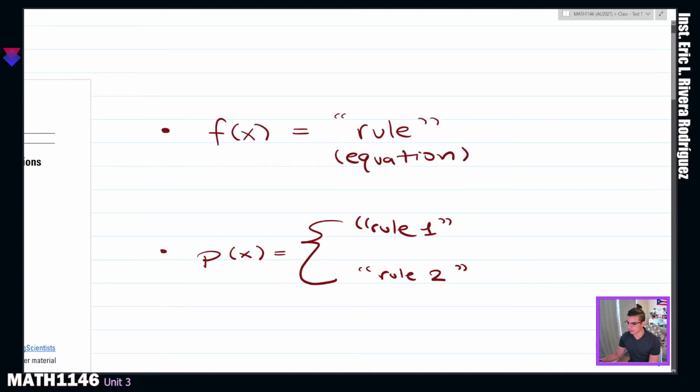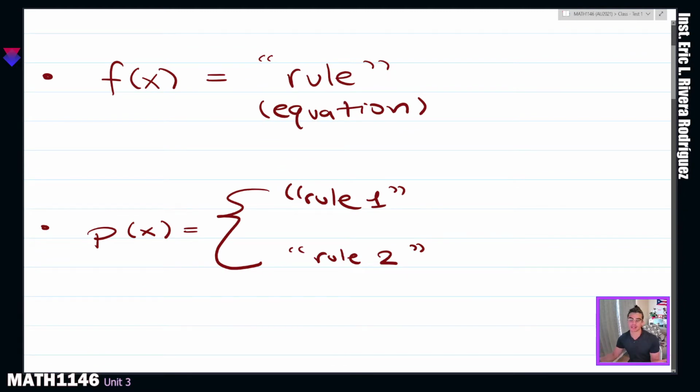It could have not only 2, it could have 3. It's unlimited. All right, and what the rule says is what equation we are going to use to get the output for the value of the input. Okay, what is going to be the y value for that particular x value.